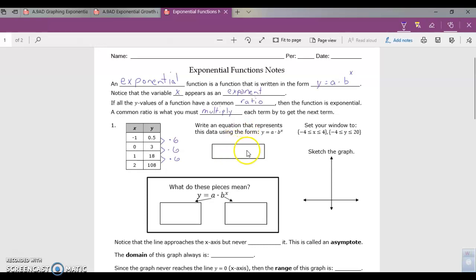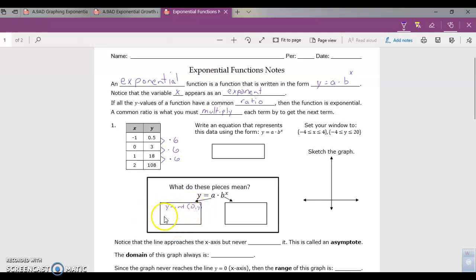Before I get into writing the equation, let's go down here and understand what the a and the b mean in our equation, our formula. Your a value is your y-intercept. Remember, a y-intercept is always going to be the ordered pair 0 and then your y value. So x is always going to be 0.